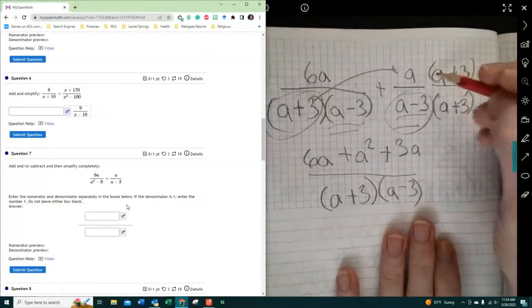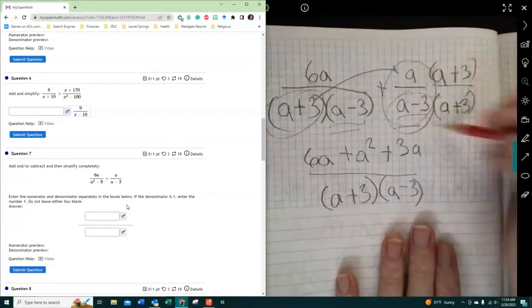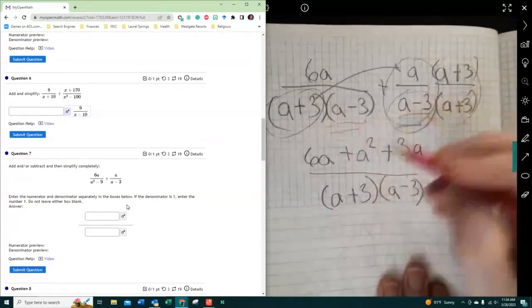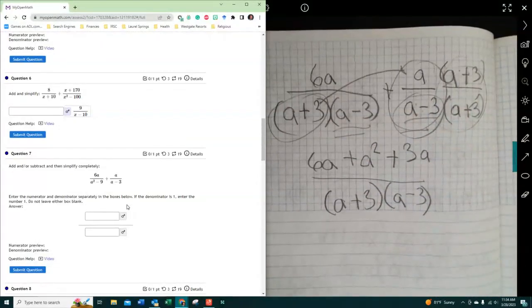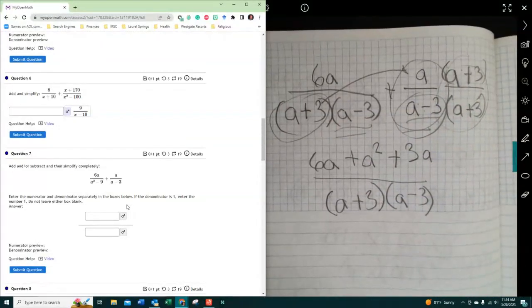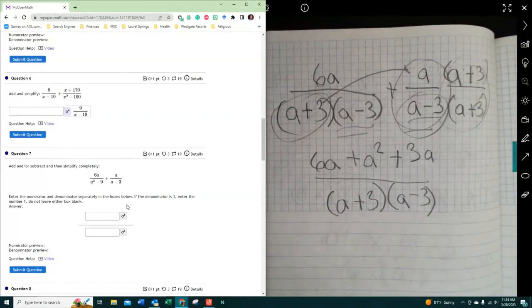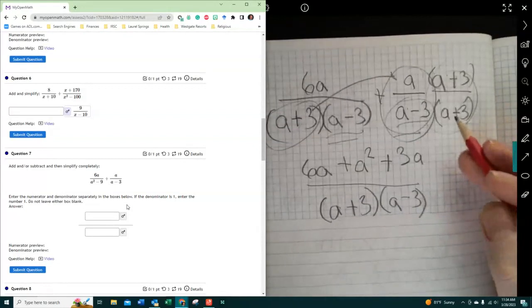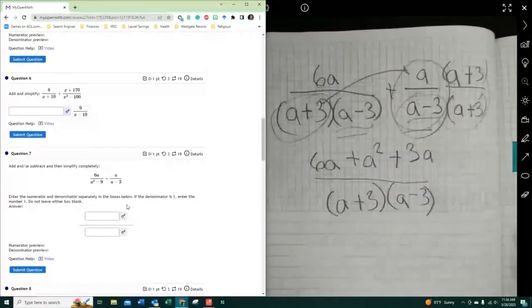So technically what I'm doing is multiplying this fraction by a unique 1 so that the common denominators exist. That's probably what most other professors and instructors are going to teach, or books are going to show. So I have to support that idea, but I'm trying to give you a little shortcut.